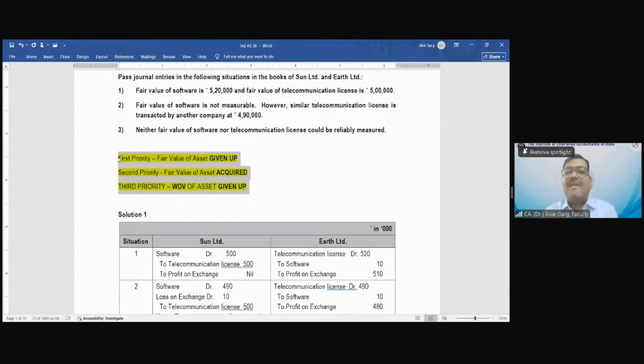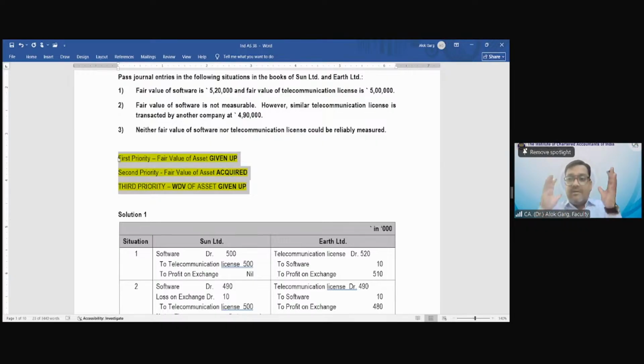So if this question comes in the exam, and you have seen this question in the study material, in the earlier detailed class also I have covered this question. I am in the revision class, also covering this question because it is given by the Board of Studies. And you will also solve this question in the material.